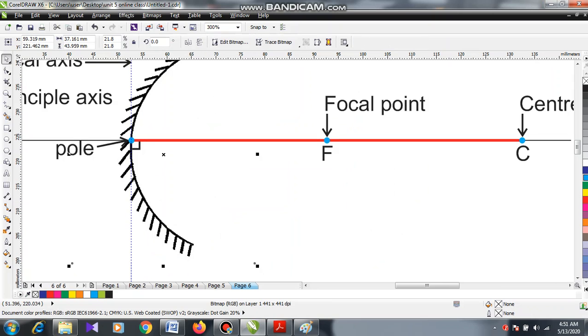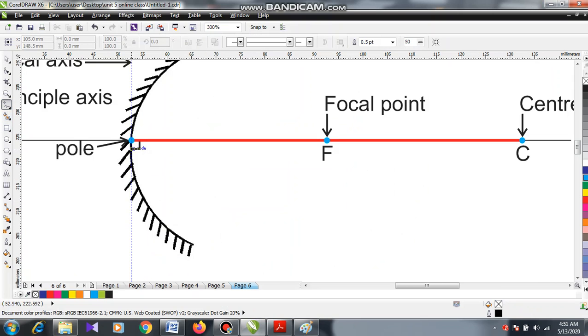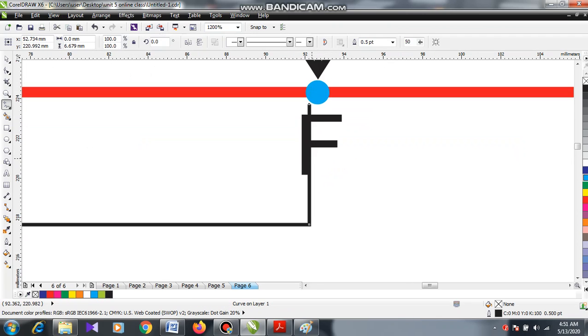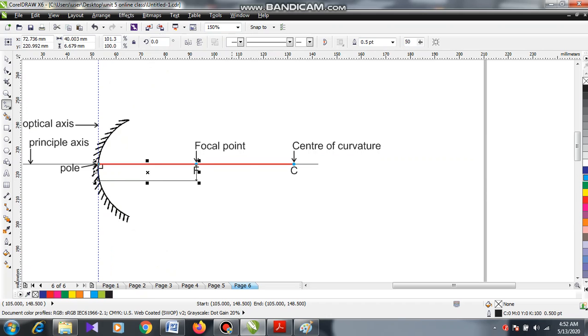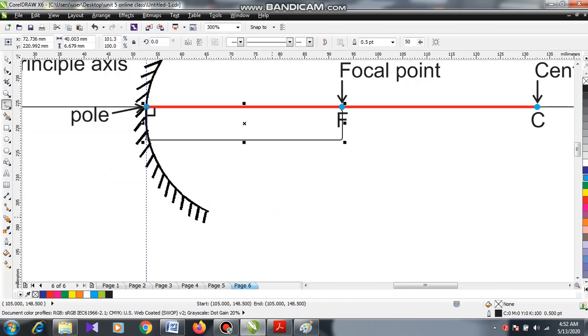The distance between the pole and the focal point is the focal length. So mark these details and send them to me.